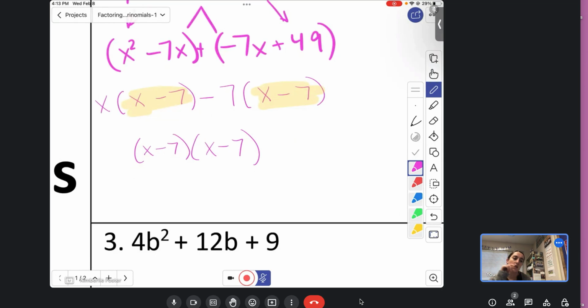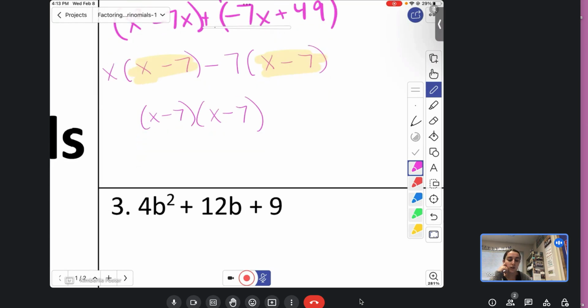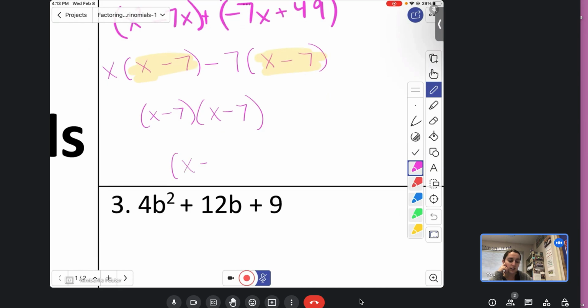itself. Now, the way to write this is, remember, if something's being multiplied by itself, that means it's being squared. So we can take this one step further and write this as x minus 7 squared.